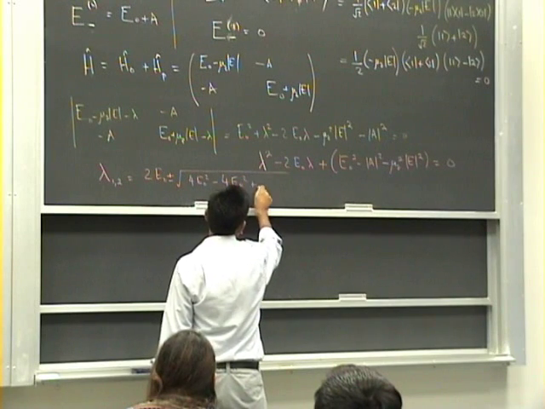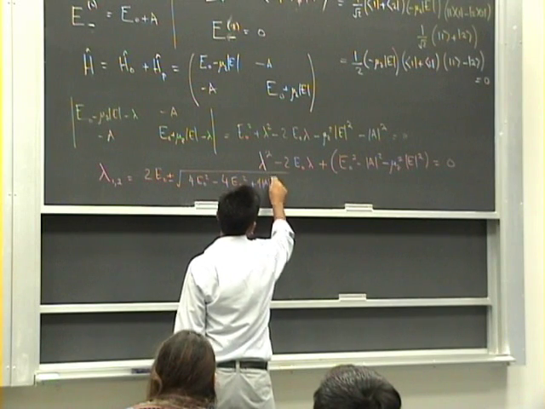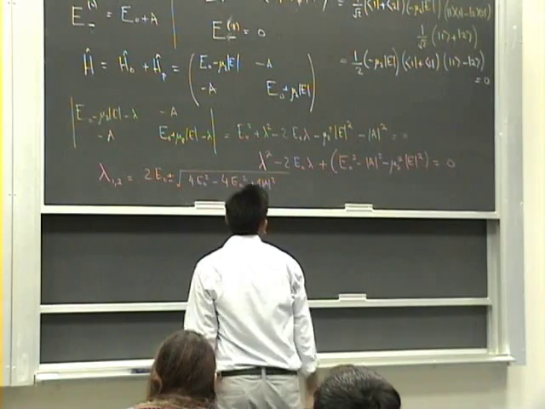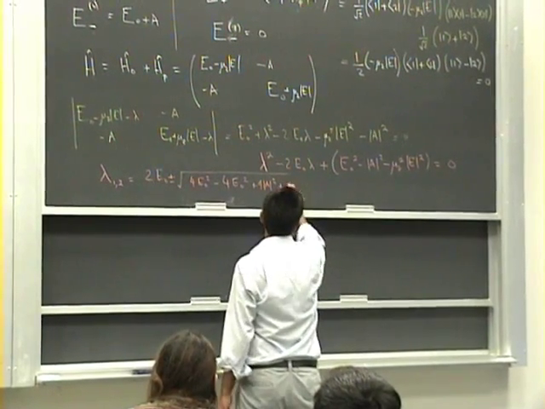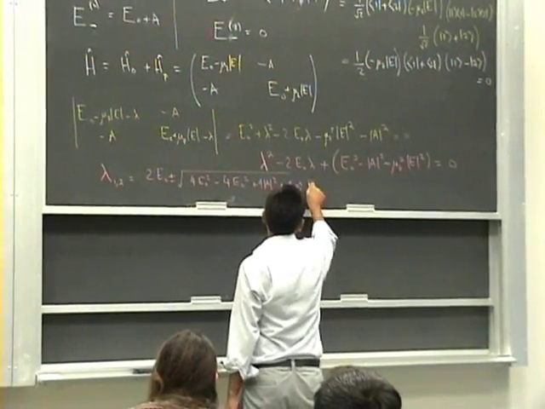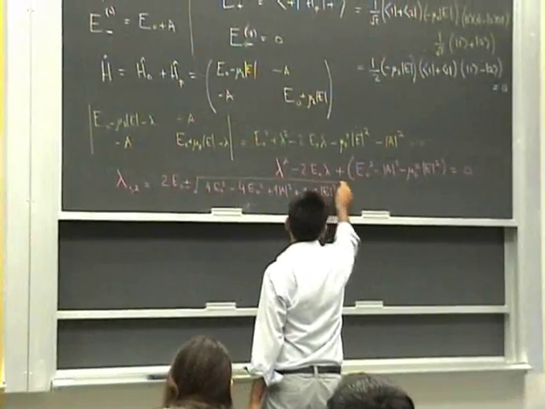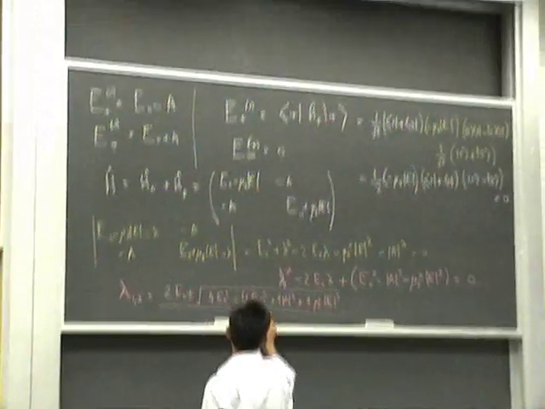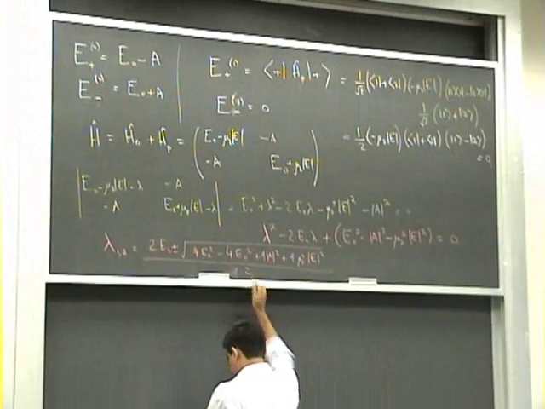Solving, we get the determinant: squared plus 4 modulus A squared plus 4 mu z squared modulus E squared, divided by 2.